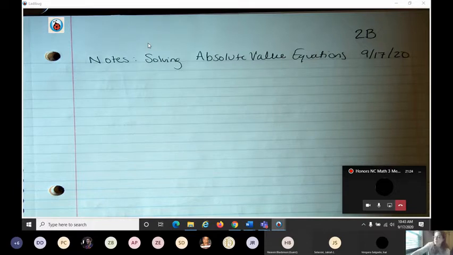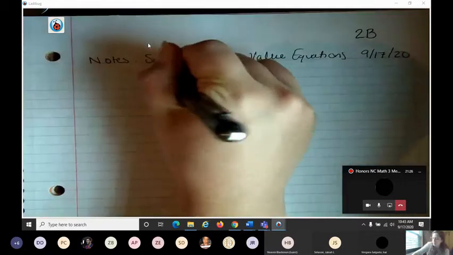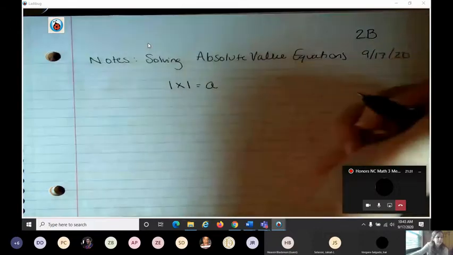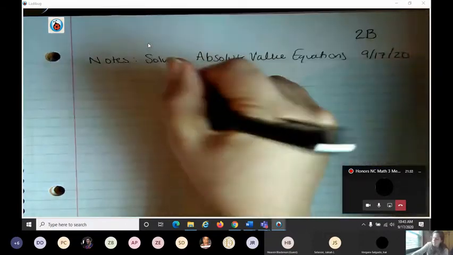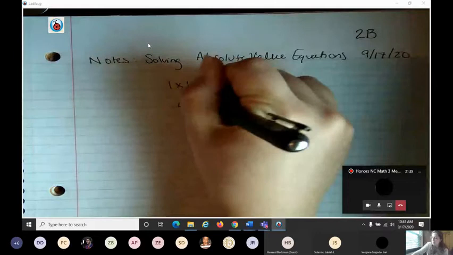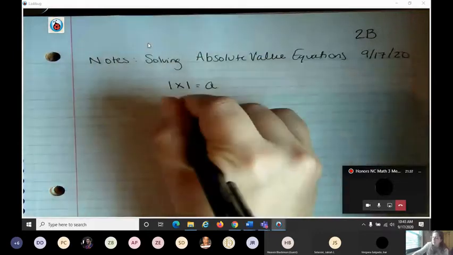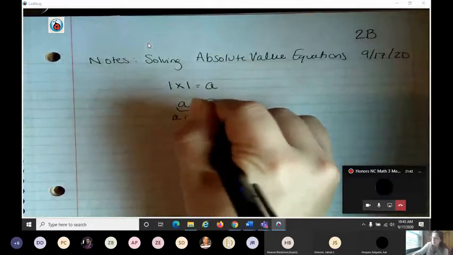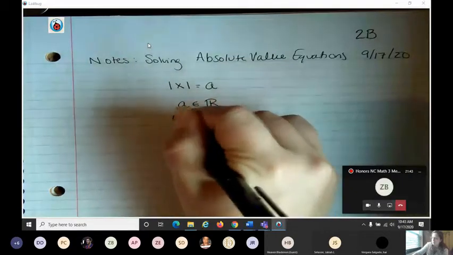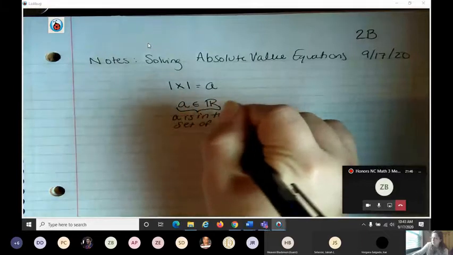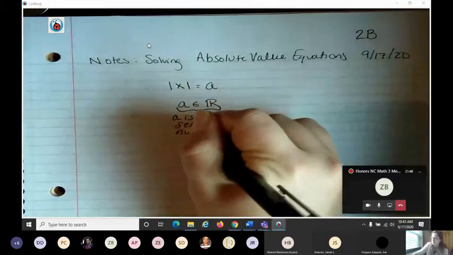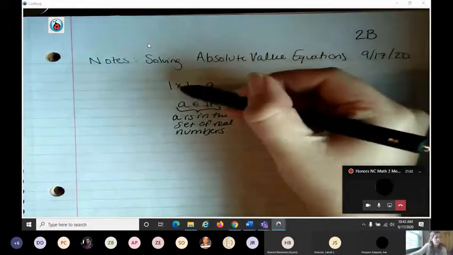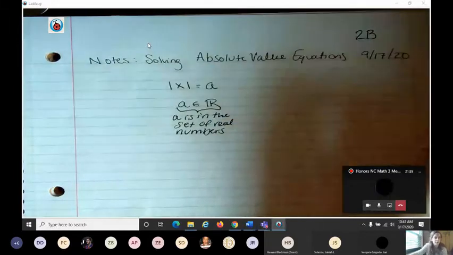Okay, so an absolute value equation looks like the absolute value of x is equal to a, where a is some real number. So a is in the set of real numbers, is what this means right here. a is just a number, x is a variable, and our bars represent our absolute value.